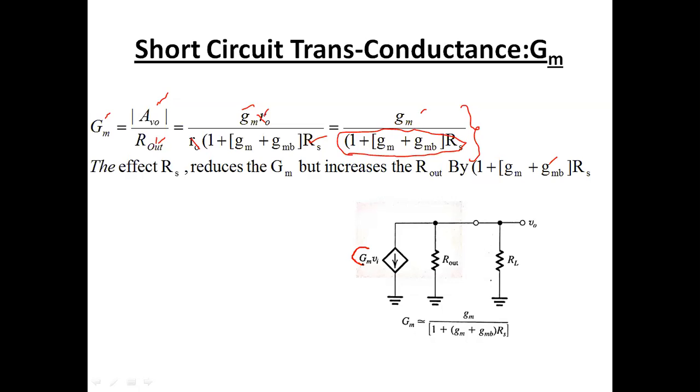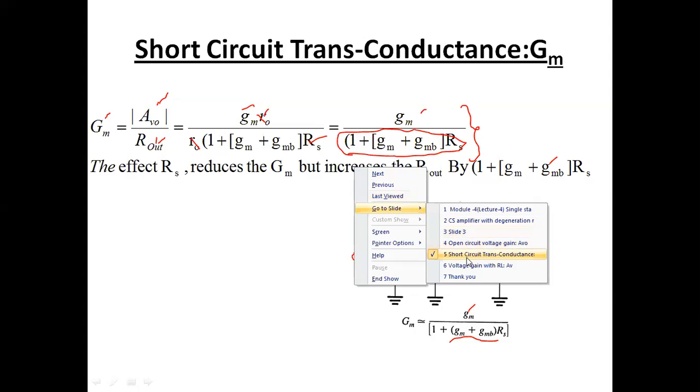GM into VI is the current source, and it will have the resistance in parallel, that is R out. I'm converting Thevenin's equivalent circuit into Norton's, so we'll get it like this, and RL. Always the GM will be divided by the negative feedback factor, the degenerative factor. Next I'll move to the next slide.